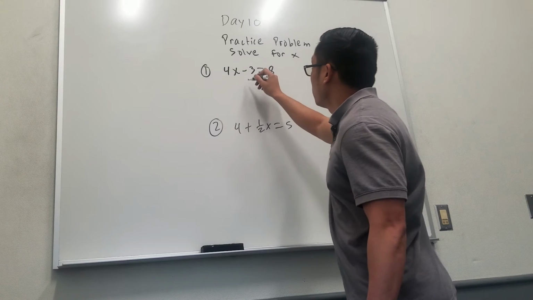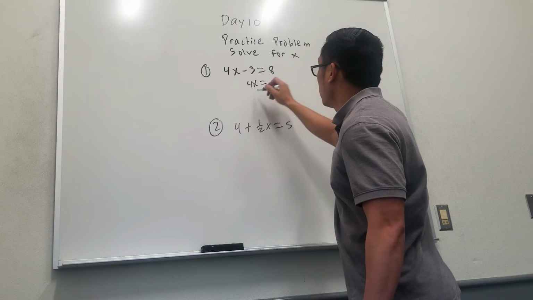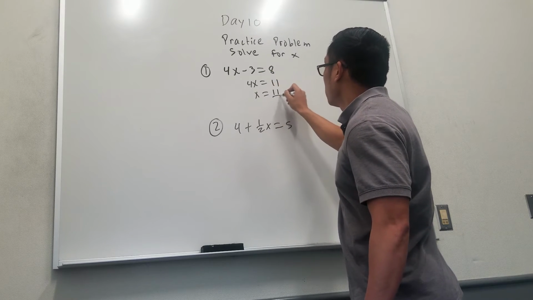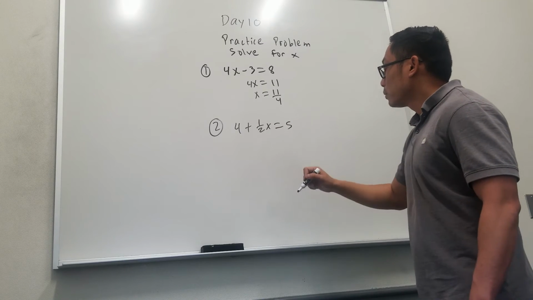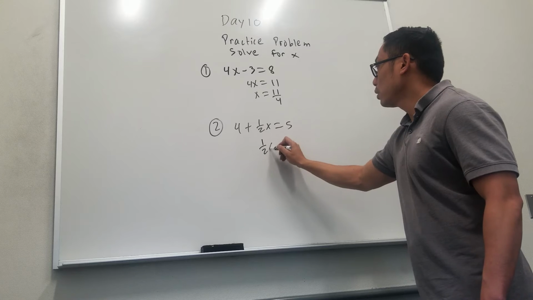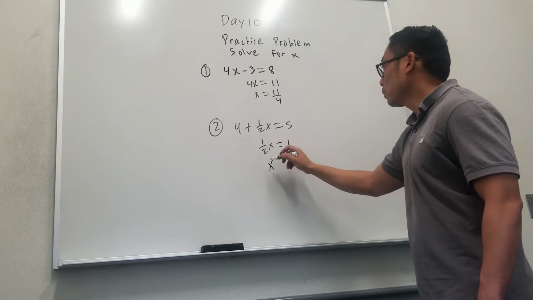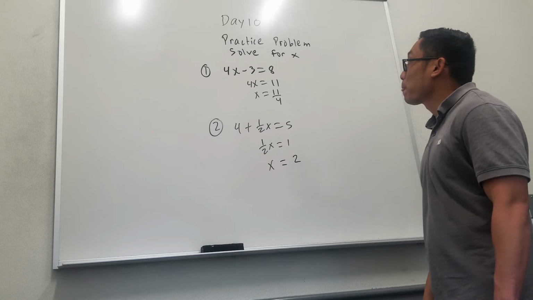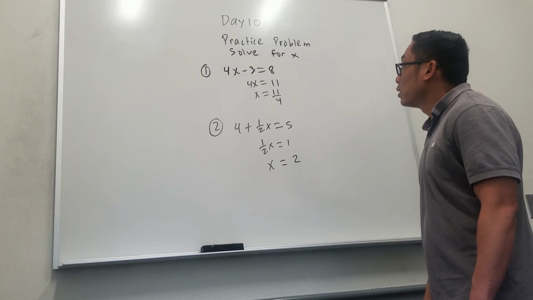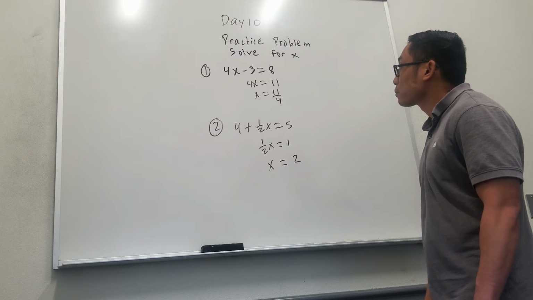What I do is add 3 to both sides. You get 4x is equal to 11, divided by 4, you get 11 over 4. Now try number 2 if you haven't tried it. Subtract 4, I get 1. Multiply everything by 2 to get x by itself, you get 2. That's it. Hopefully that makes sense.